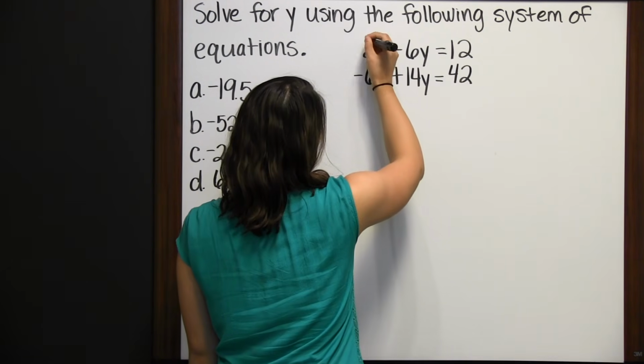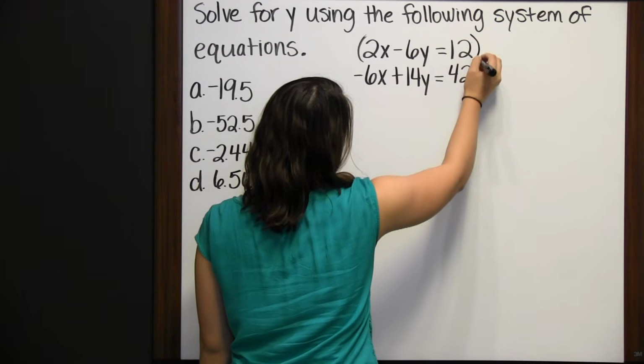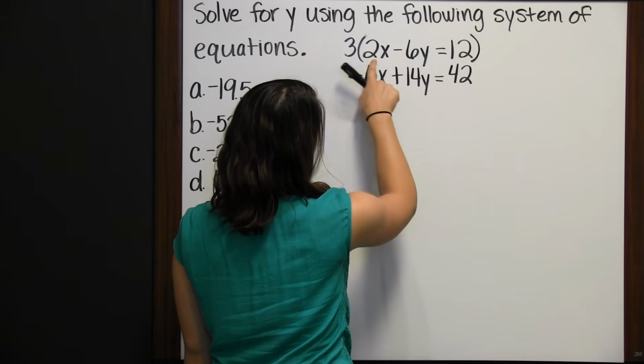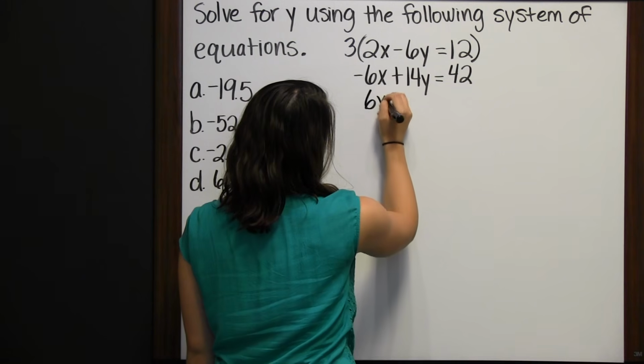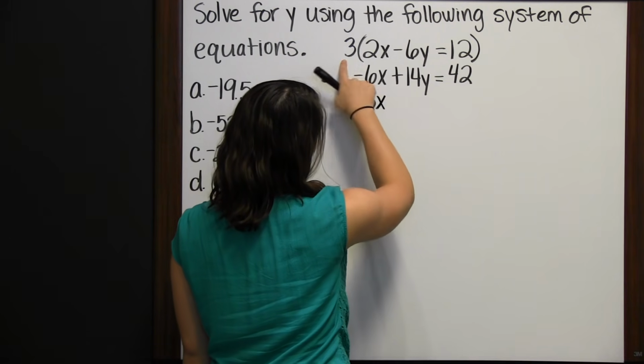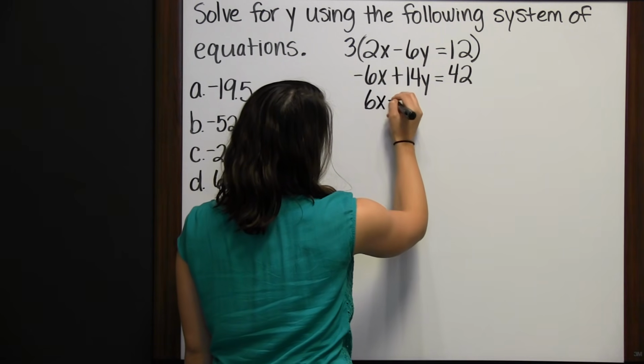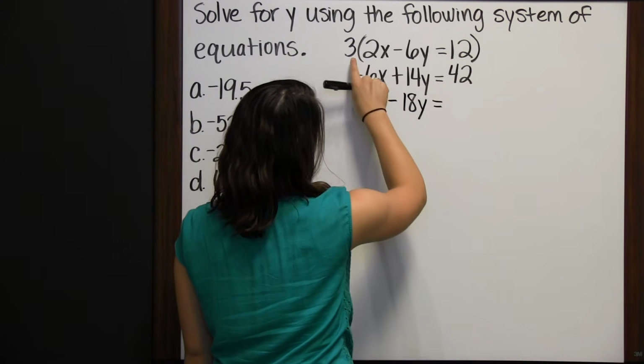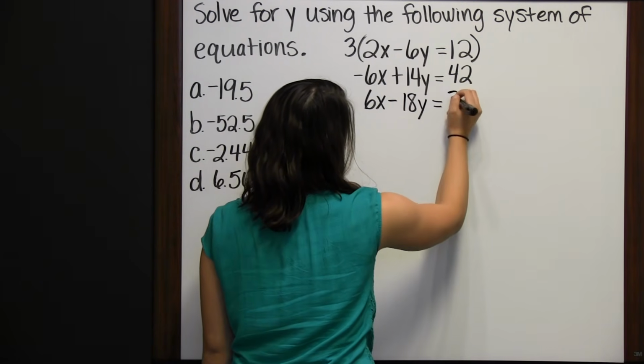So I'm going to multiply this entire top equation by 3. 3 times 2x is 6x. 3 times negative 6y is negative 18y. And 3 times 12 is 36.